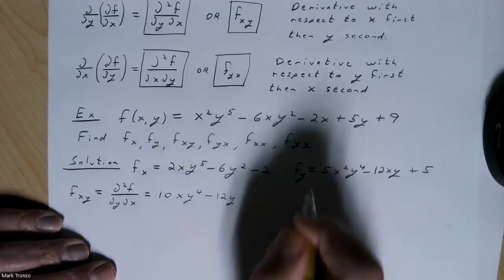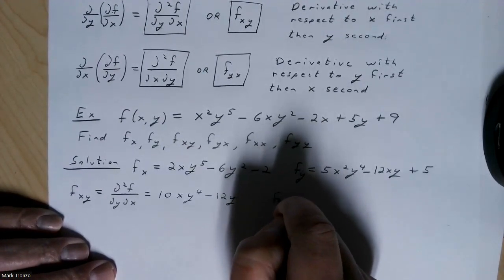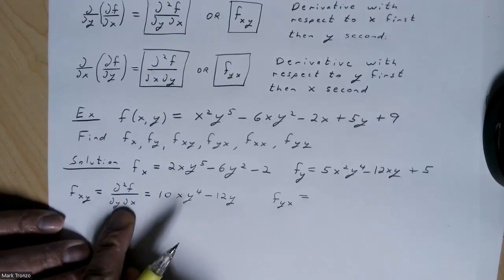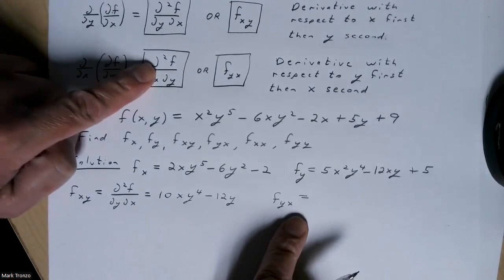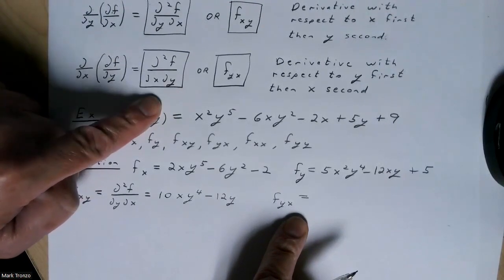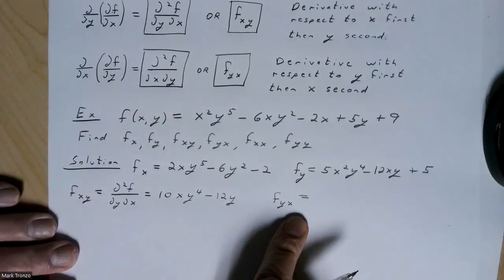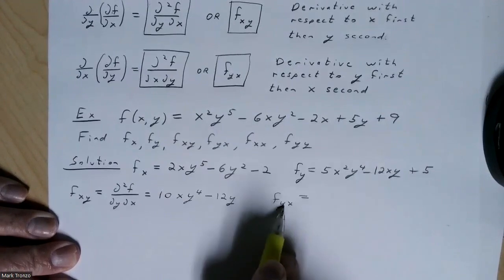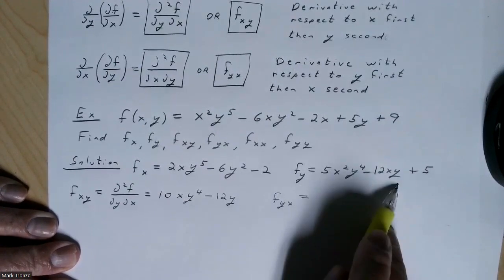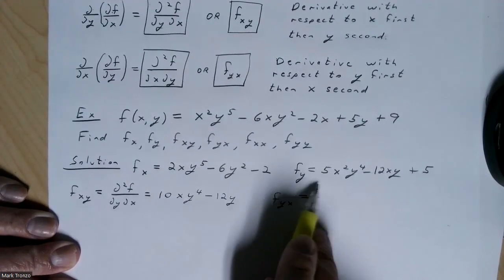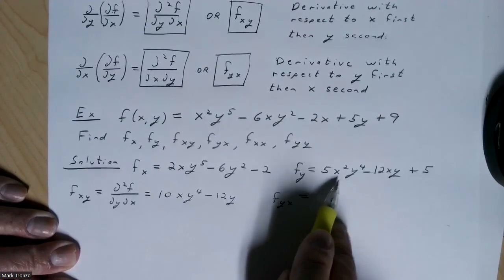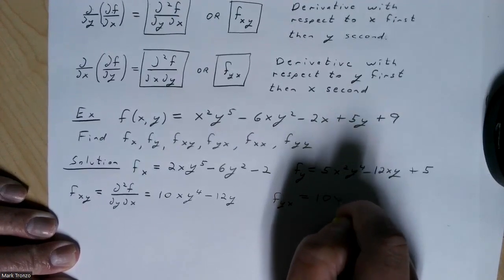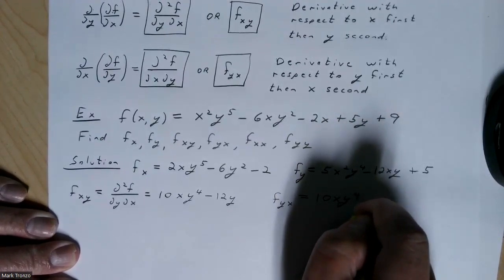Now let's do this one here. Fyx. I think I'm going to run out of room, so I won't put this here, but that'd be the same as if we were asked to do this one here. So that means we're going to go back to this one, do y first, which we did, and take the derivative with respect to x of that. So again, let's bring this down. It's going to be 10xy to the fourth.